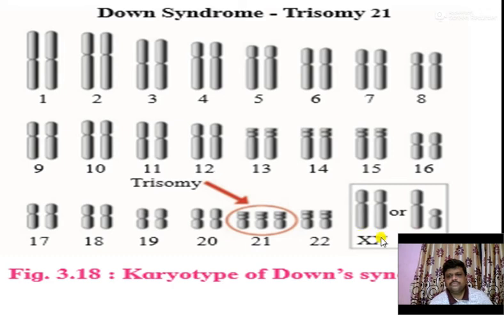Okay, so there is one extra chromosome at the 21st pair of chromosomes. So this is called Down syndrome.